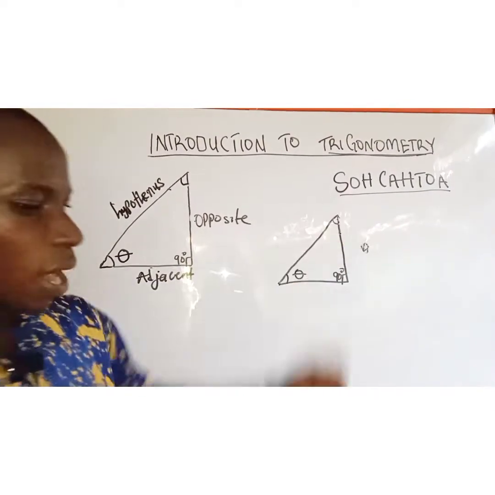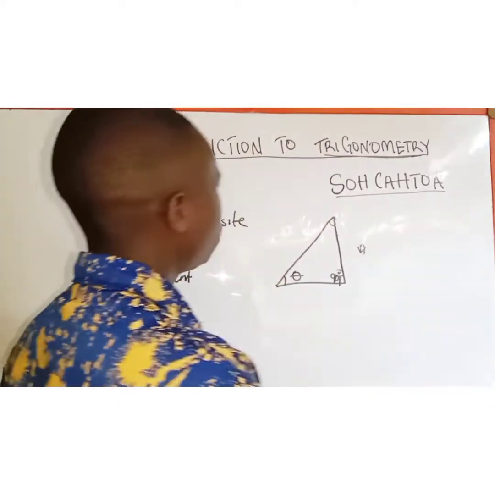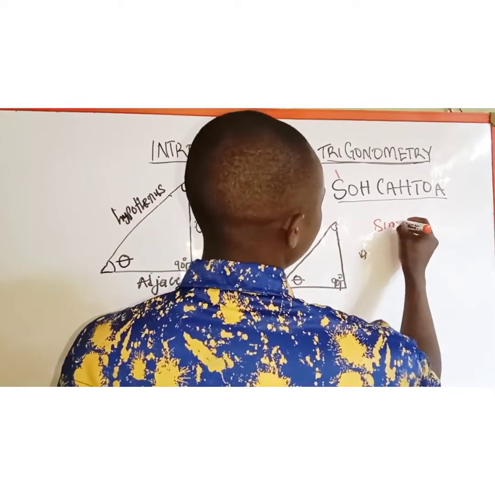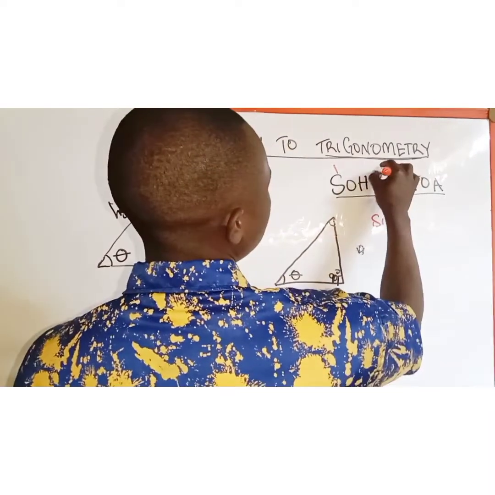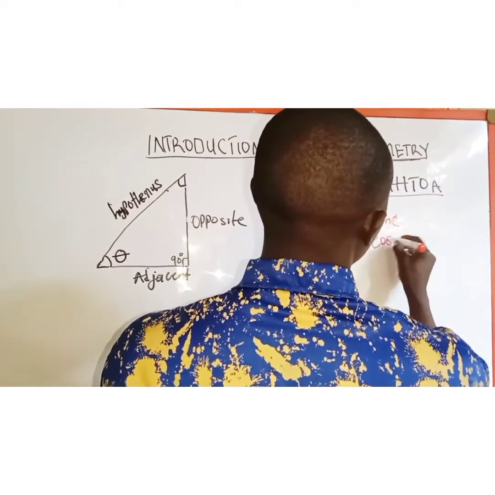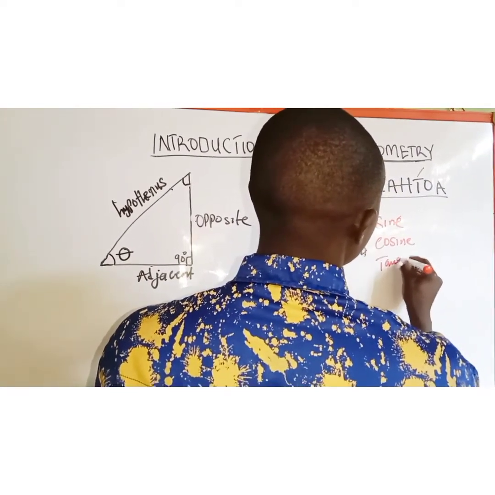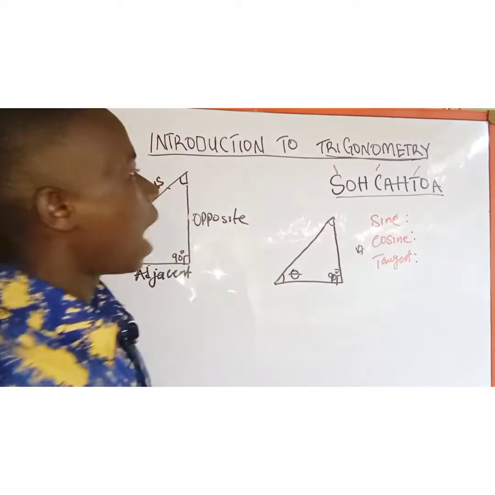In this SOHCAHTOA, the S, the first letter of the word, means sine. C here means cosine, and T here means tangent.